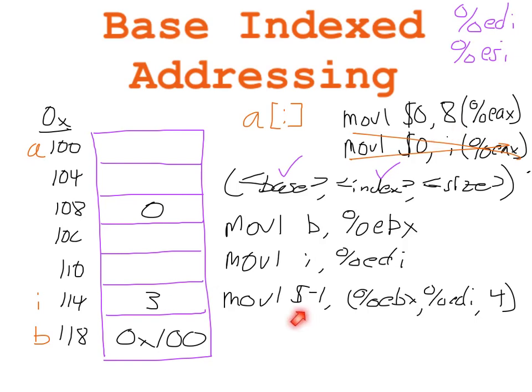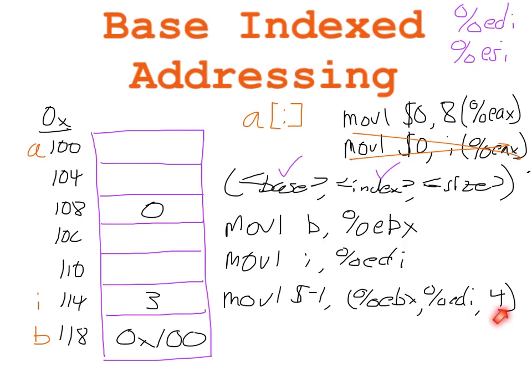We're going to move -1 into whatever this computes to be over here. So we have our base, which as we know is the contents of B. The contents of B is address 100. So 100, but don't go there yet. We need to compute our offset. 100 plus I, which is in EDI, I is 3. 100 plus 3 multiplied by the size of each element.